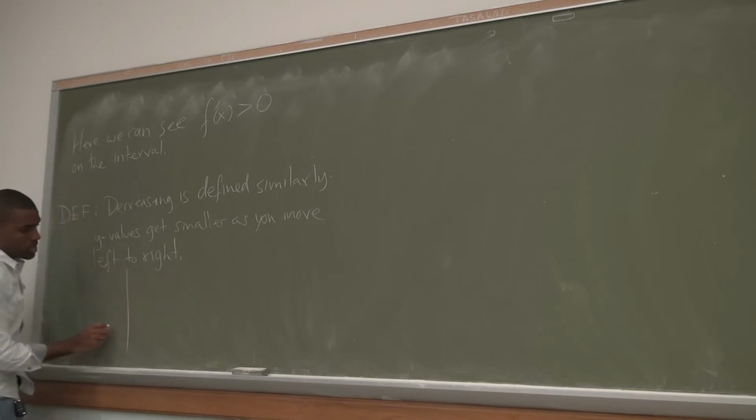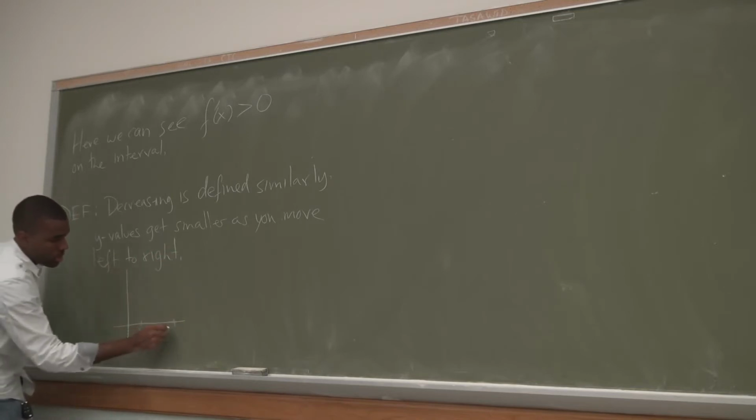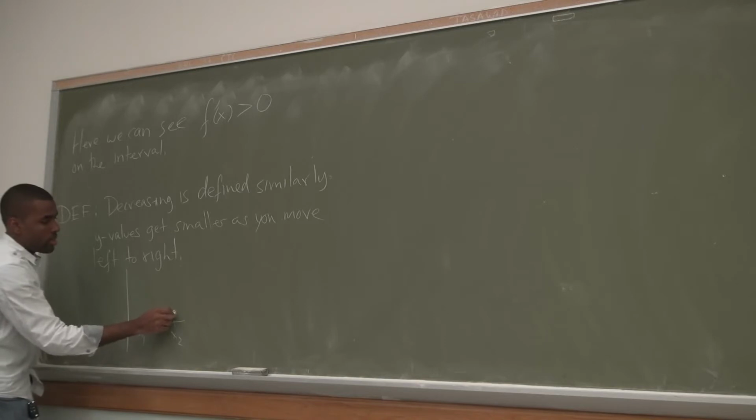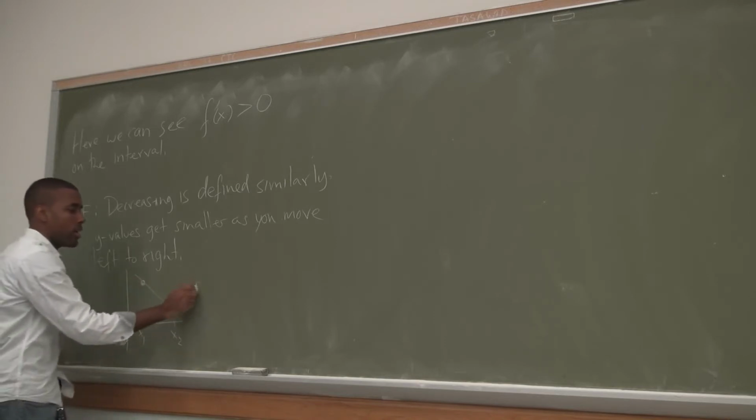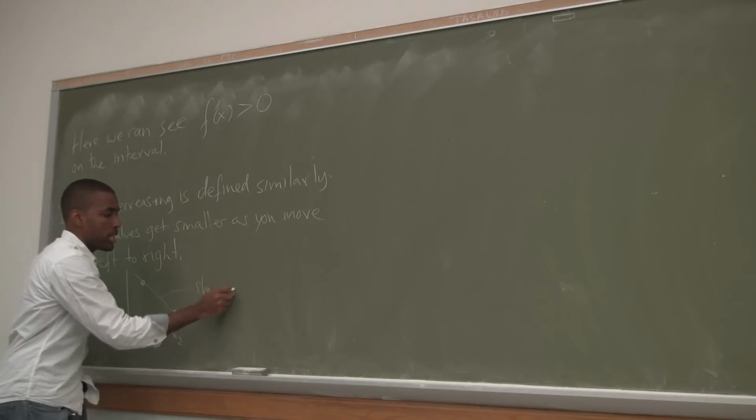If you draw a picture of what this means, if the y value at x2 is lower than the y value at x1, your function will have to behave this way, and in this case your slope looks negative.